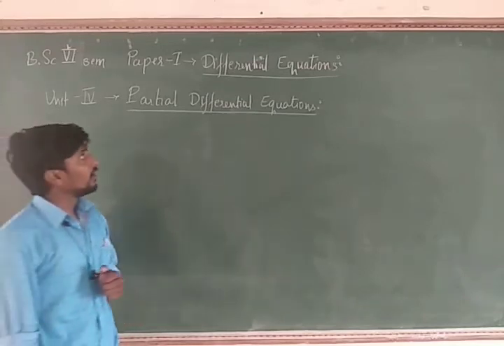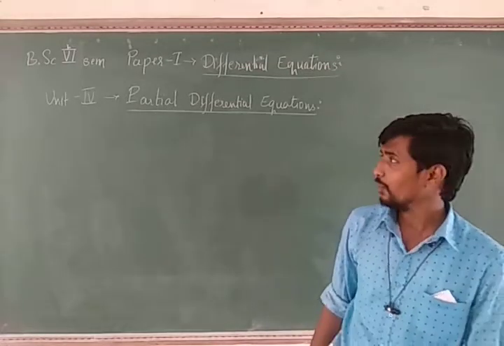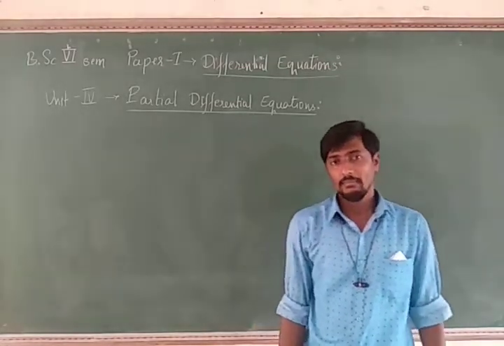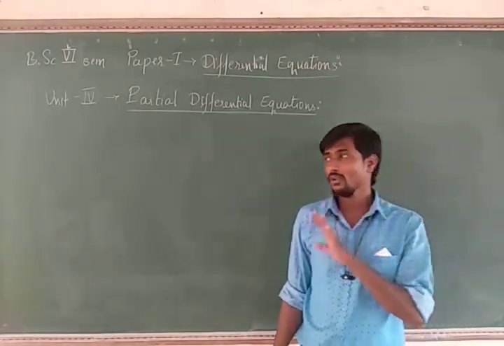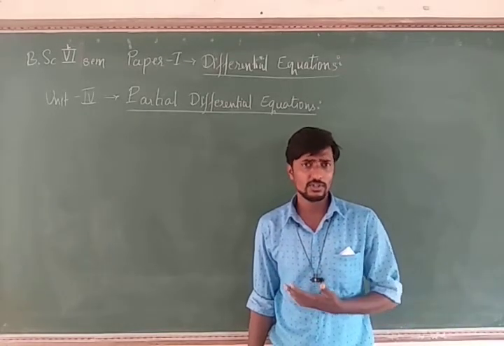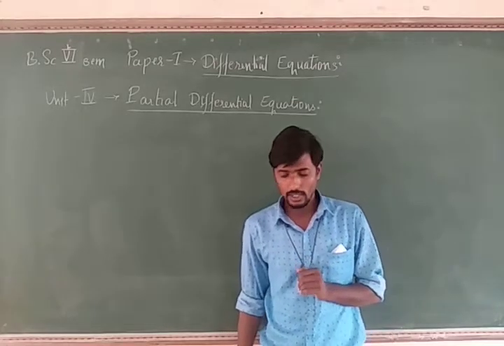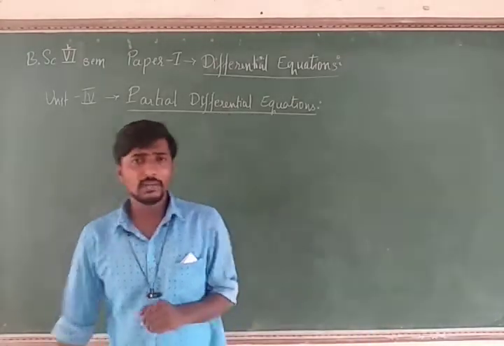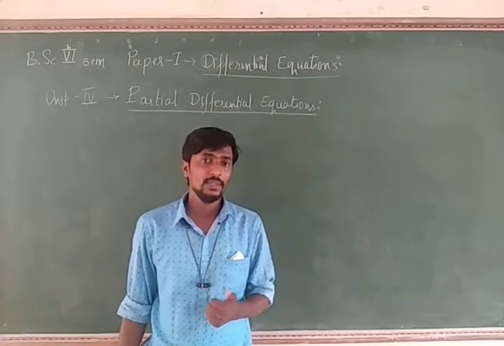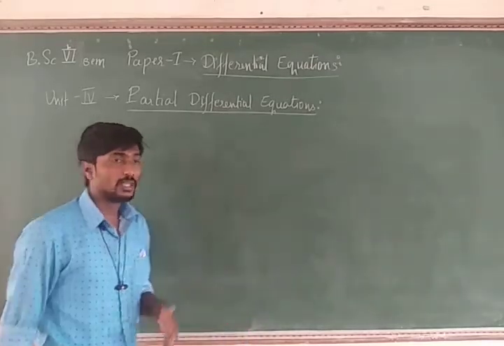So basically this chapter is not so difficult, but if you do not understand the proper way of differentiation, then this will become problematic here. In the case of derivative, we know the differentiation of variables.